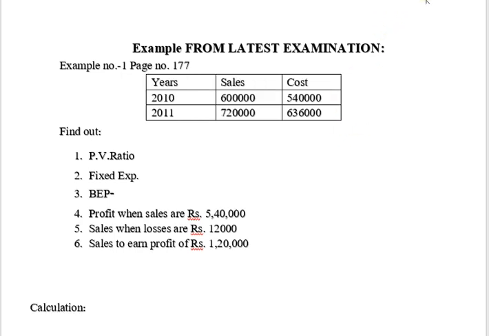Friends, today I will count example number 1, page number 177. So I read the information in our example. Here are given 2 years, 2010 and 2011. Sales in 2010 are 6 lakhs and in 2011 are 7 lakhs 20,000.